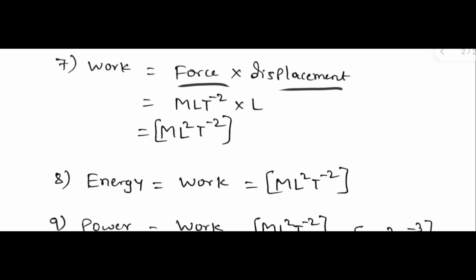The force dimension is M L T to the power minus 2. Displacement is L. Combining the dimensions, that becomes M L square. Here L1 is there, again L1 is there, that becomes L square, 1 plus 1 is 2, and T to the power minus 2. Okay. Finally the dimension is M L square T to the power minus 2, the dimension of work.